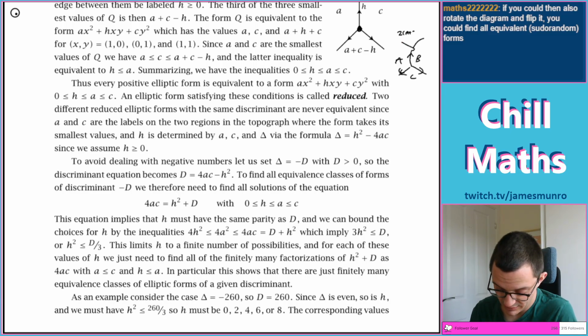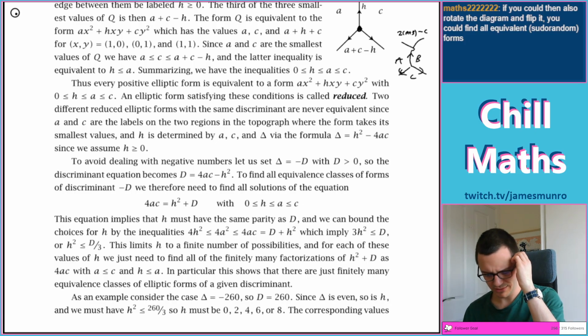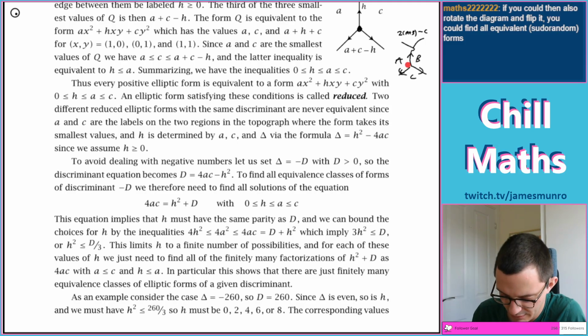twice a plus b minus c, so that the difference is the same between the sum of these two and c. That difference is then repeated over here, and then from there you can work out this h thing, which is a quantity that kind of belongs to the line, which is the difference.